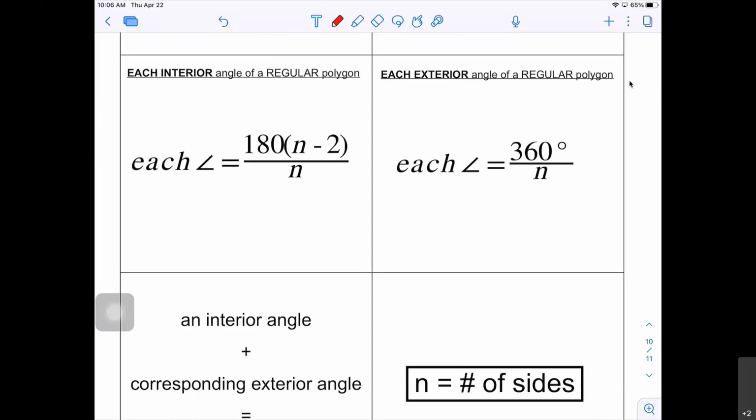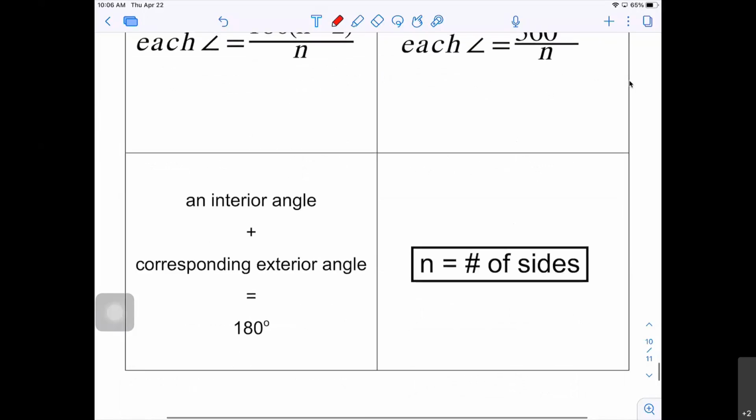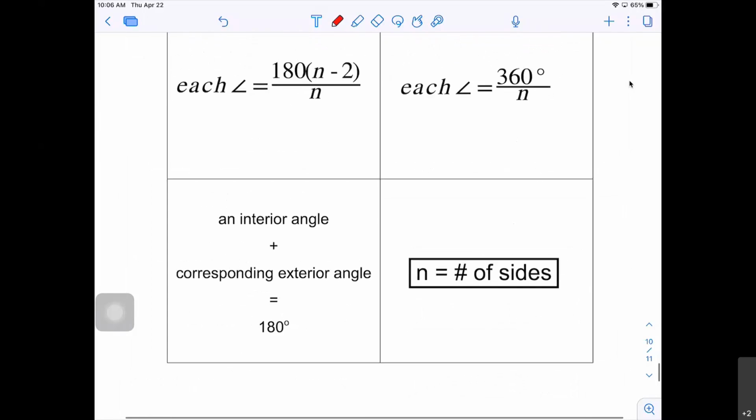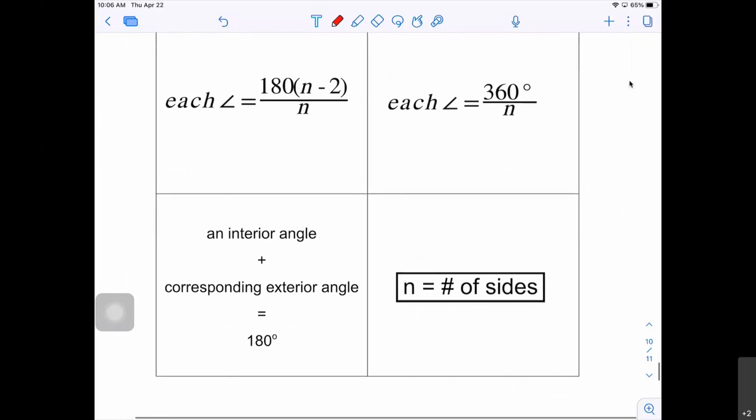And then finally, the last bit of things that we're talking about. Every interior angle that you find and the corresponding exterior angle are always supplementary. Interior angle plus the corresponding exterior angle will always equal 180. Where we're headed into the next section is nothing new.